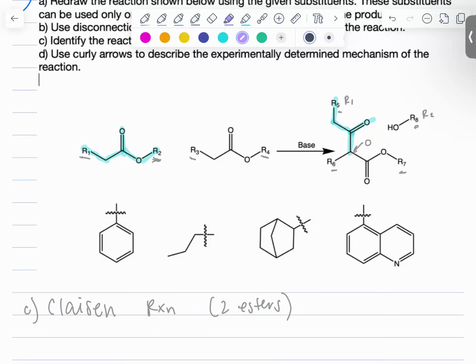Then we look at our other structure that has R3 and R4. Yeah. So you could also do it this way.